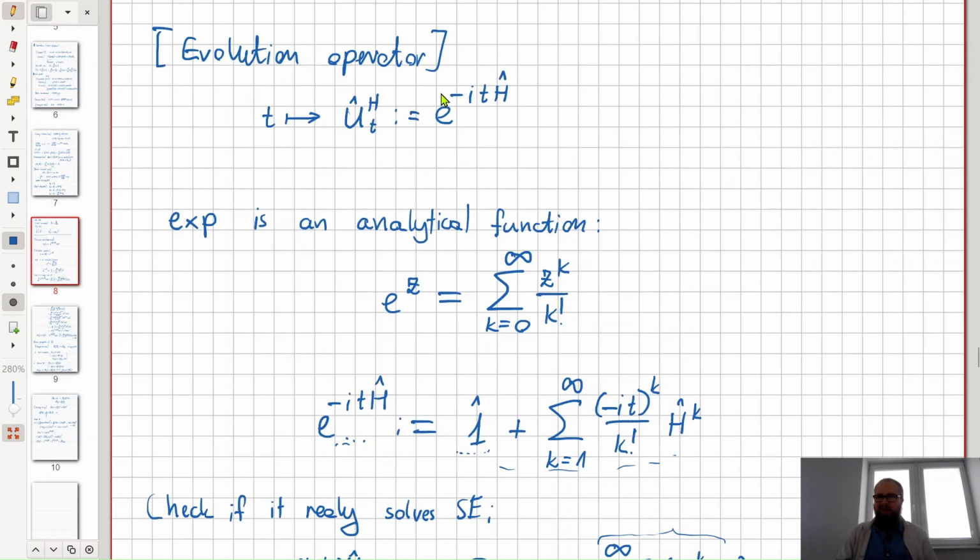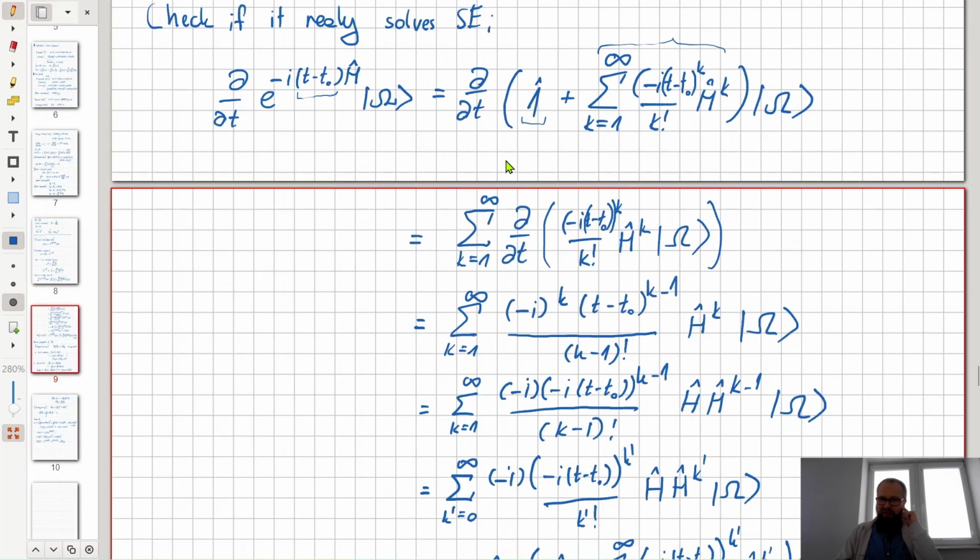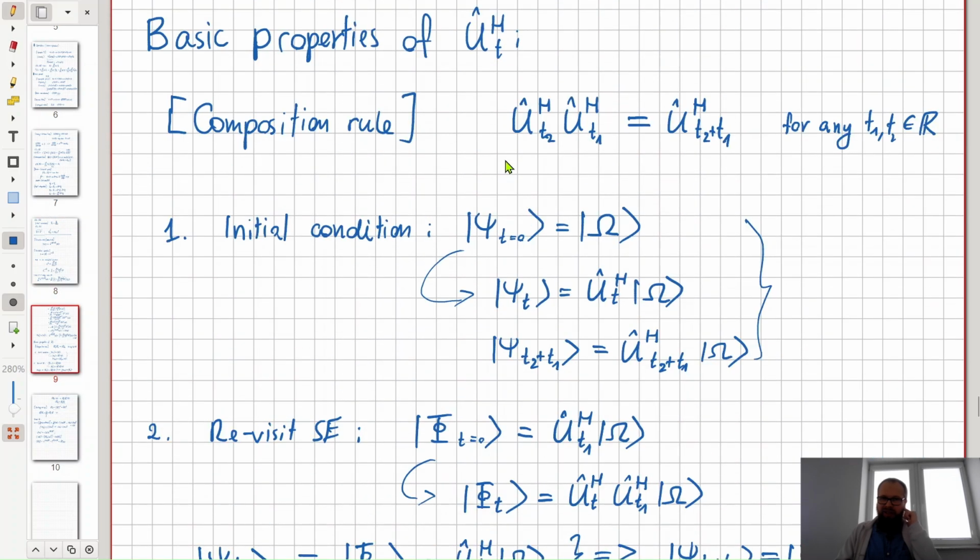For one, how to interpret a function of an operator. For two, I listed two basic properties that will be useful, and we'll be using them all the time. One was the composition rule: you have an evolution over some period of time, but you can slice it into intervals, and the same result will come out.